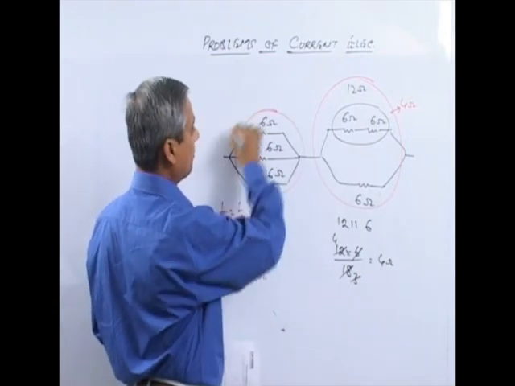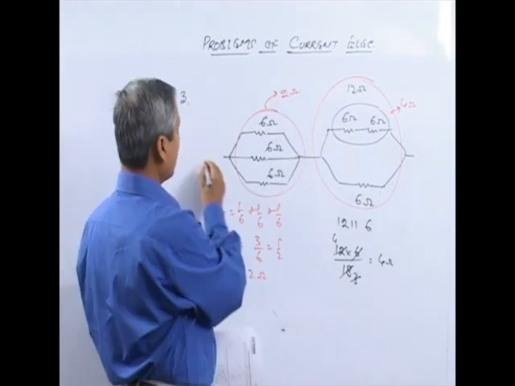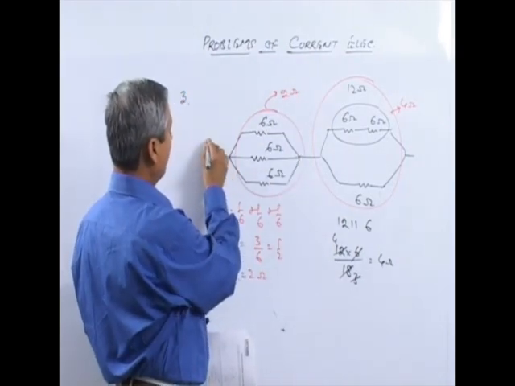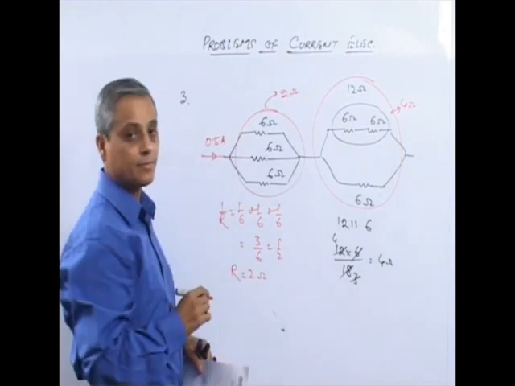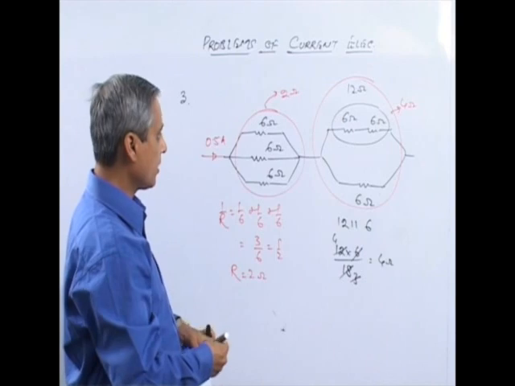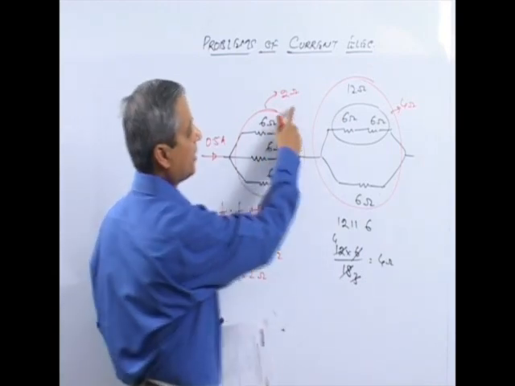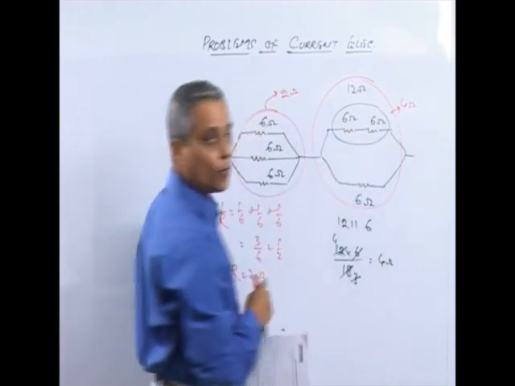That means this entire combination represents 2 ohm, and this circuit then contains 0.5 ampere of current. So if you modify this circuit, it will reduce to a total of 6 ohm resistance in series, 2 ohm here, 4 ohm here.